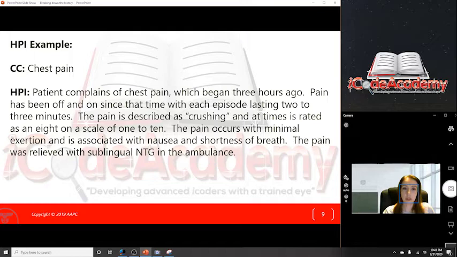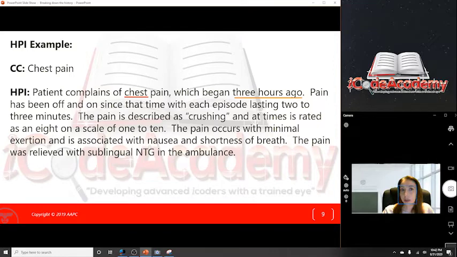All right, so let's start with that HPI. First thing I want to point out to you guys is the documentation that says chest. What are we going to take that for? When they say that the complaint is in the chest region, think about that. Next, we have our 3 hours ago.